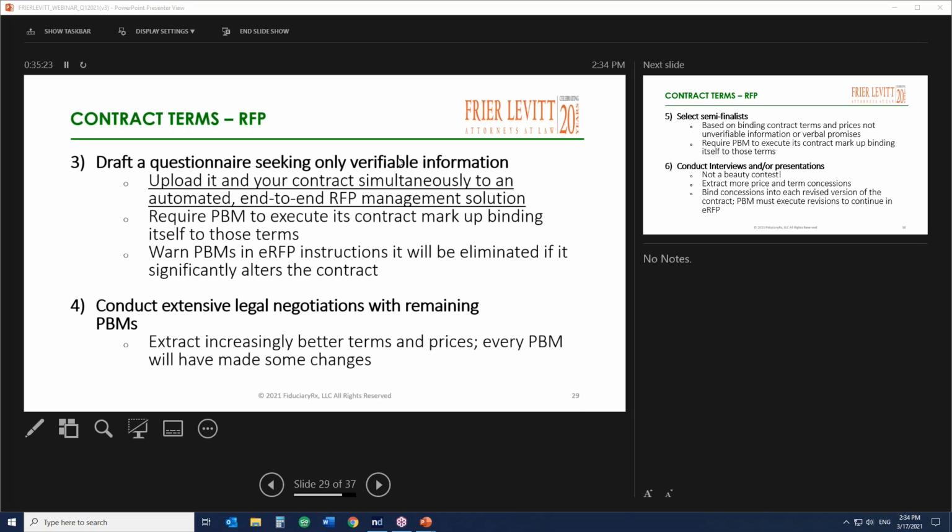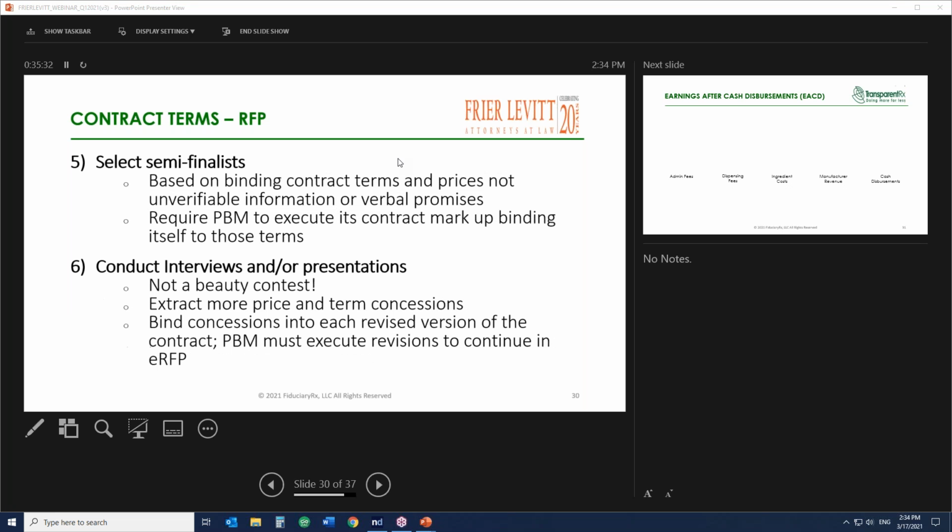Fourth, negotiate with PBMs. Plan sponsors should demand clear terms and better prices. Never split the difference. Fifth, make PBMs compete against each other and make them commit to the contract terms, okay? And lastly, conduct interviews and presentations, but based on data.